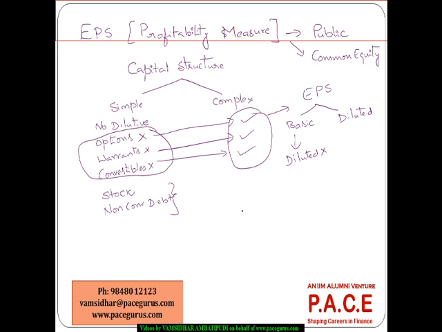So, as the word itself says, E is earnings, P is per, and S is share. Earnings, I take as net income, but because I should not include the preference shares in it, I'll subtract the preference dividend from it, divided by the number of shares. Instead of directly taking the number of shares, I'll take the weighted average, because the number of shares need not be constant throughout the year.